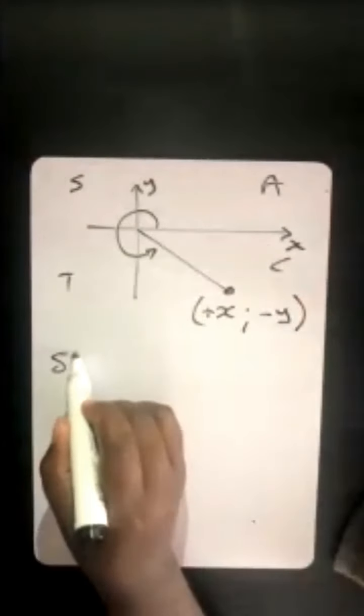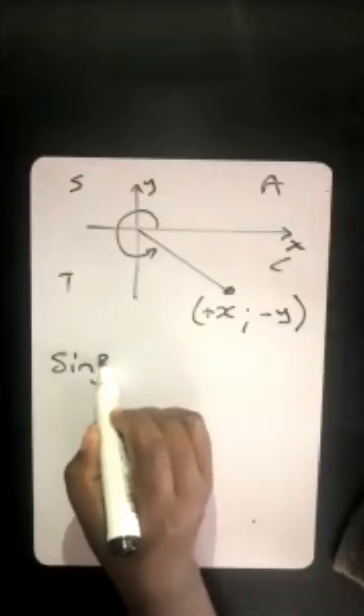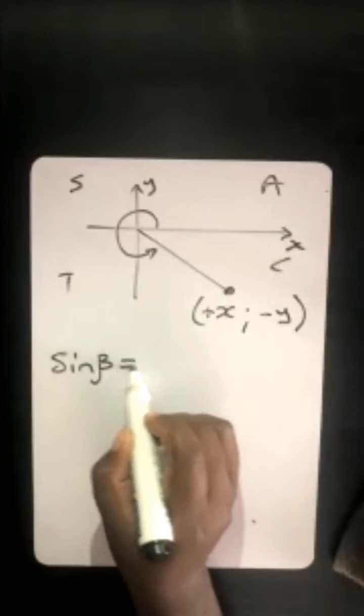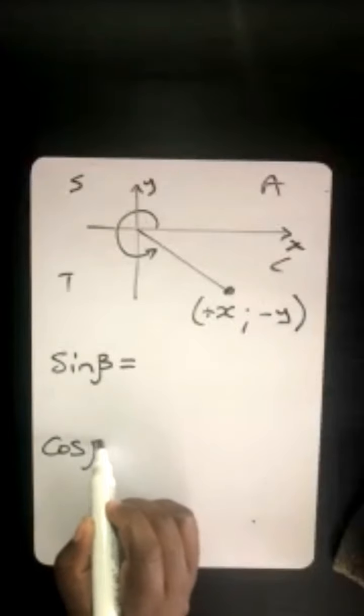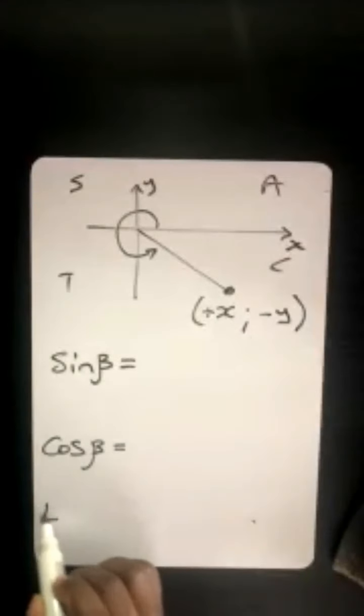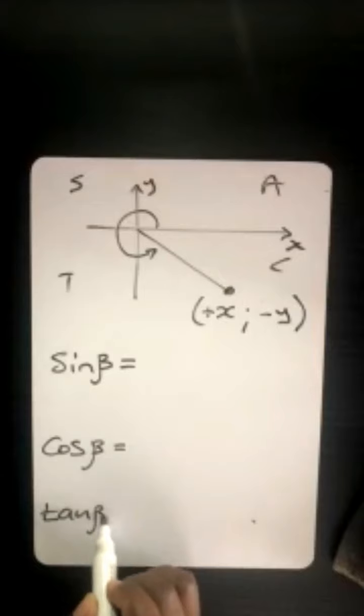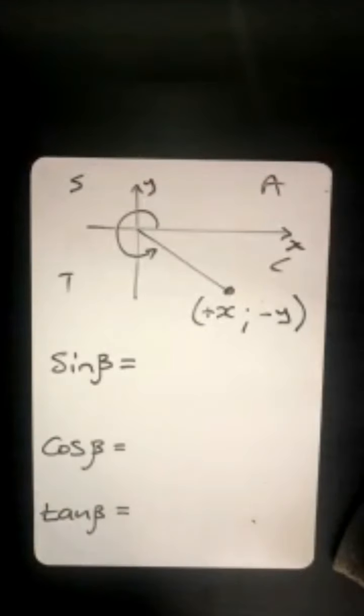So let's maybe start with sine, let's say beta. What could be that angle, guys? Can we guess an angle, guys? 300 degrees.